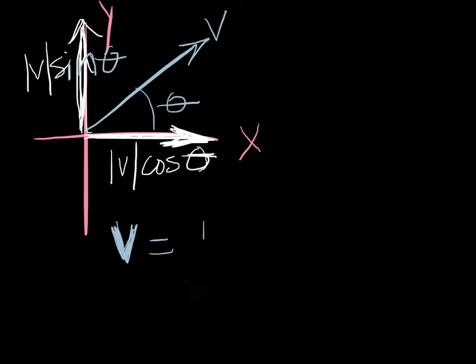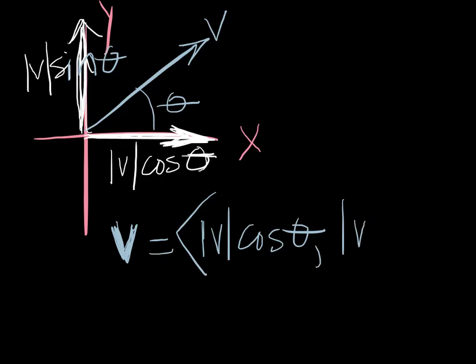I'm writing this in component form: the first component is the magnitude of vector v times cosine theta, which is like your x-coordinate, and the second coordinate is the magnitude of v times sine of theta. So that's another way of writing the components of vector v.